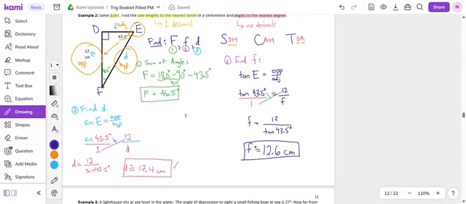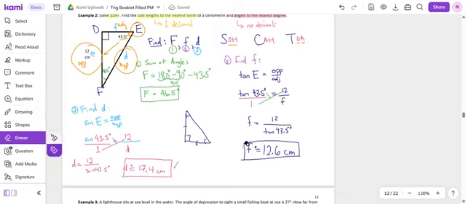A triangle that is 43.5 and 46.5, I don't know, might look like that, right? And so these angles are almost identical, and as a result, these two sides are going to be very close in length, right? We'll have 12 and 12.6. So again, yeah, that does make sense for me.